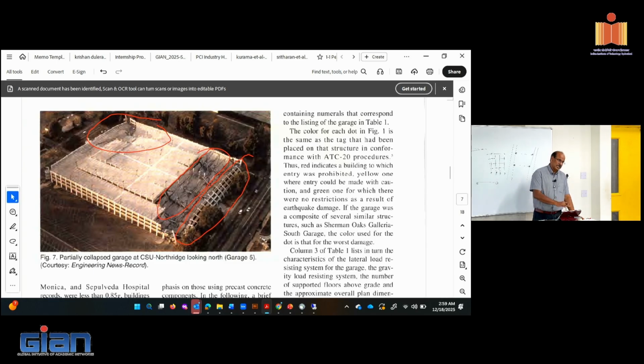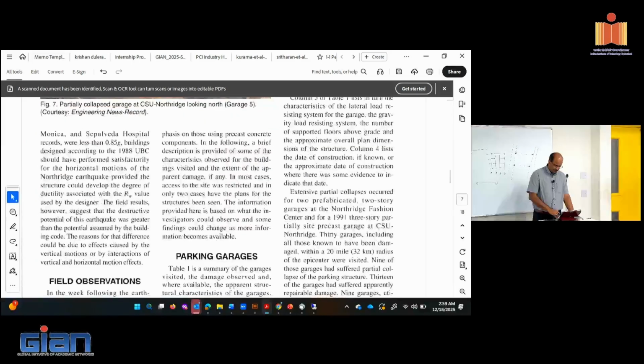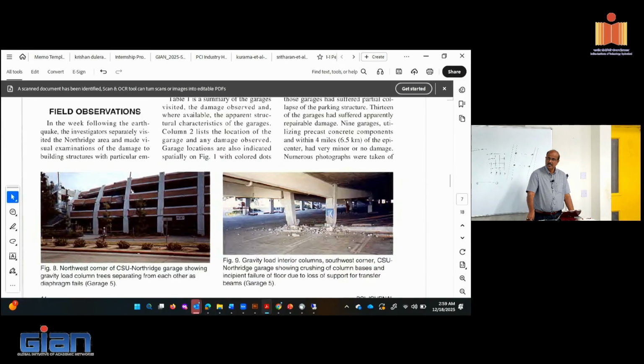When they saw this damage, they said they would not promote emulation-type connections in the US for other types of structures. They thought it should be looked at differently, and a newer system should be developed if you want to use precast concrete. Had these parking structures been cast in place, what failure would have happened?